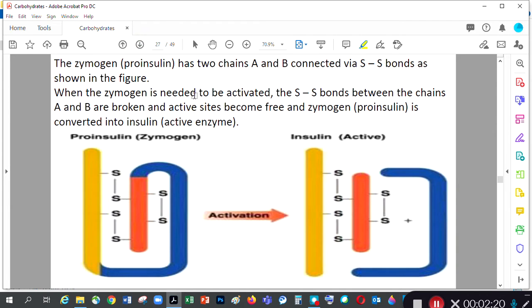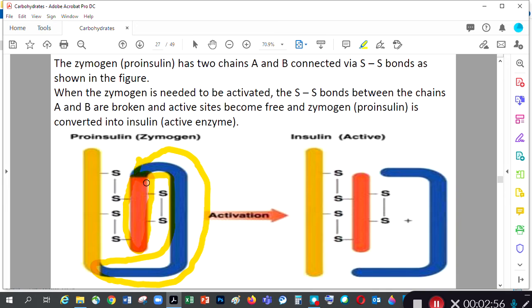And if you recall, this is insulin, correct? Insulin here is a zymogen. The non-active part is called the zymogen, meaning proinsulin, and it is made of chain A, which has 21 amino acids, and chain B, which has 30 amino acids.